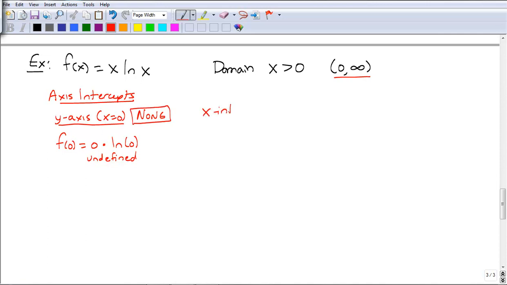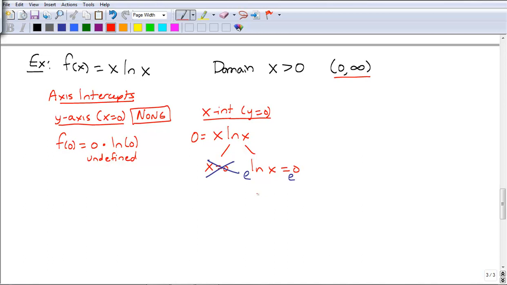To find the x-intercepts, I set y equal to 0. So I get 0 equals x ln of x. And so either x is 0 or the natural log of x is 0. Well, we can't have x equal to 0 because it's not in our domain. To solve the natural log of x equals 0, we have to put everything in the power of e.